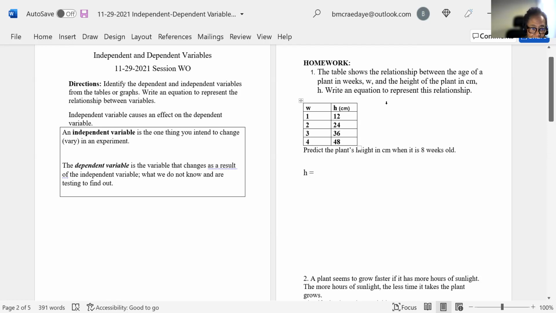No, but you've got to remember this is a relationship between H and W. So what's the relationship between how high the plant grows and the number of weeks? Oh, it would be height versus week. No, the independent variable is what? The weeks. The dependent is the height. Height is dependent. So what is H equal to in terms of W?